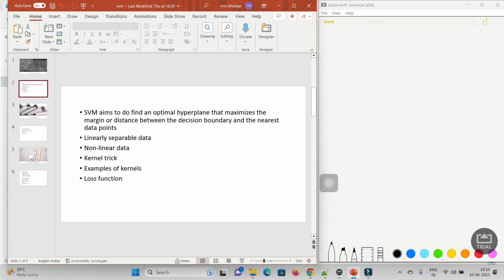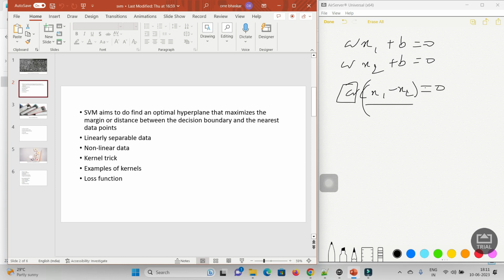Okay, we have two hyperplanes, wx1 plus b equal to 0 and wx2 plus b equal to 0. So if we subtract them, w(x1 minus x2) equals 0. What does it mean? It means W is orthogonal to this vector. x1 minus x2 is a vector.